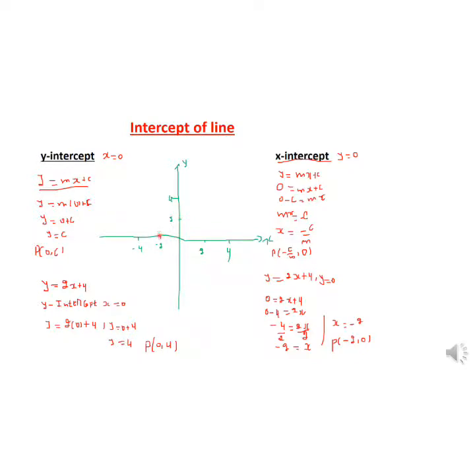Now you can draw a line. If x is equal to 0, y is equal to 4, which means that here we have a point. So now if x is equal to negative 2, y is equal to 0, which means that here we have another point. So now you can draw a line joining those 2 points, like this.